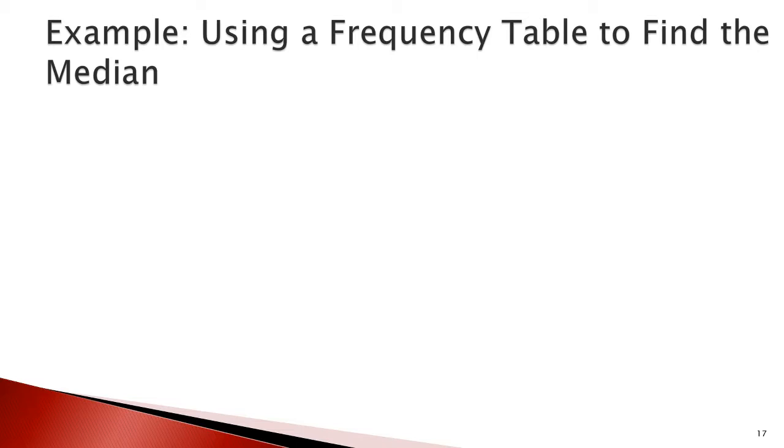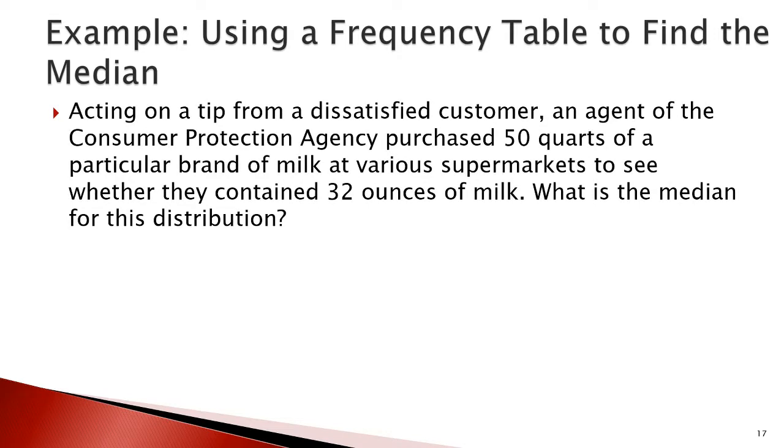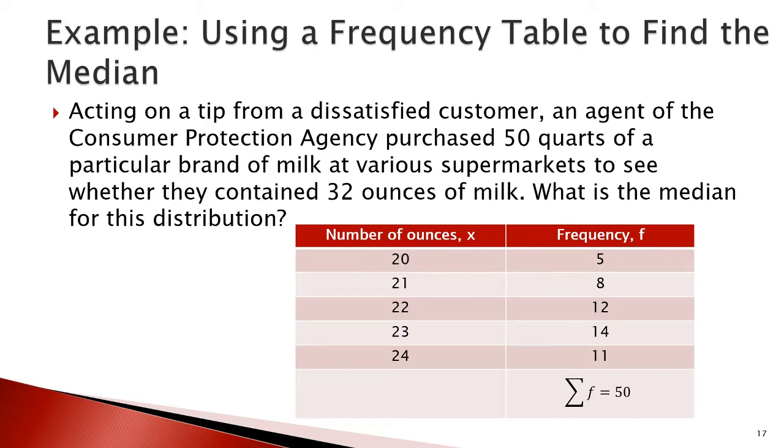How to find the median using a frequency table. Look at this problem. Acting on a tip from dissatisfied customers, an agent of the Consumer Protection Agency purchased 50 quarts of a particular brand of milk at various supermarkets to see whether they contained 32 ounces of milk.